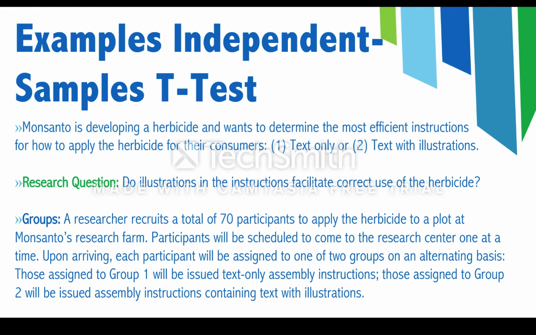So what you would do is get a group of 70 participants to apply the herbicide to a plot at Monsanto's research farm. The participants would be scheduled to come to that research center one at a time, and upon arrival they would be assigned to one of two groups on an alternating basis. So those in group one would be issued text-only instructions, and those assigned to group two would be issued instructions containing text with illustrations.